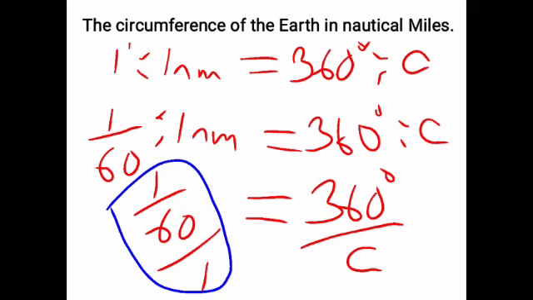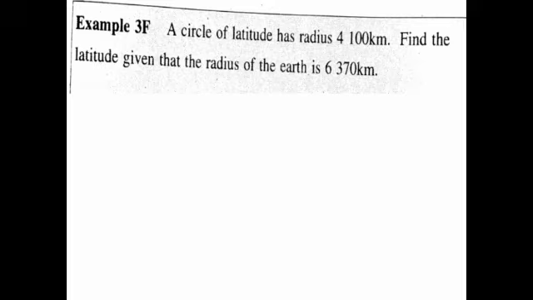Okay, let's try and see how we can then calculate radius. So just more examples to ensure that we are all comfortable with the calculations. So the question here says, a circle of latitude has radius 4,100 kilometers.